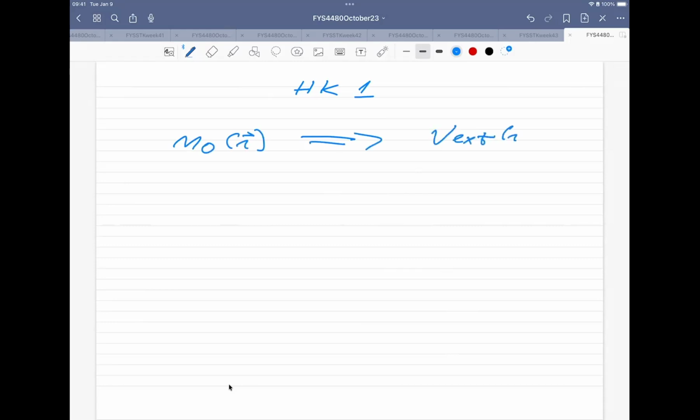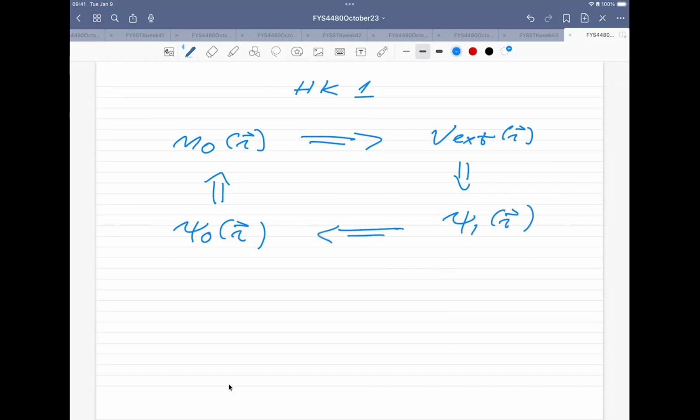If somebody gives me the ground state of the system, I can use that to define the density. That defines my potential, which in turn can define the excited states or any state of the system, and that feeds back to the psi zero case.